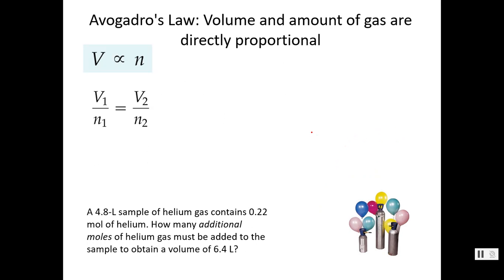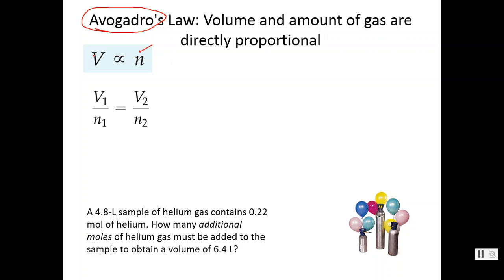Last individual gas law that we're going to talk about is Avogadro's law. And yes, this is indeed the same scientist from Avogadro's number fame with moles. So I guess it makes sense that his law involves our favorite unit, the mole.